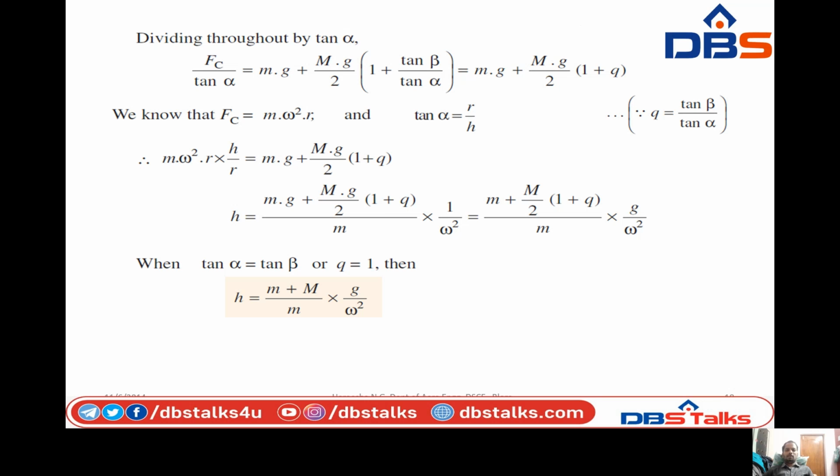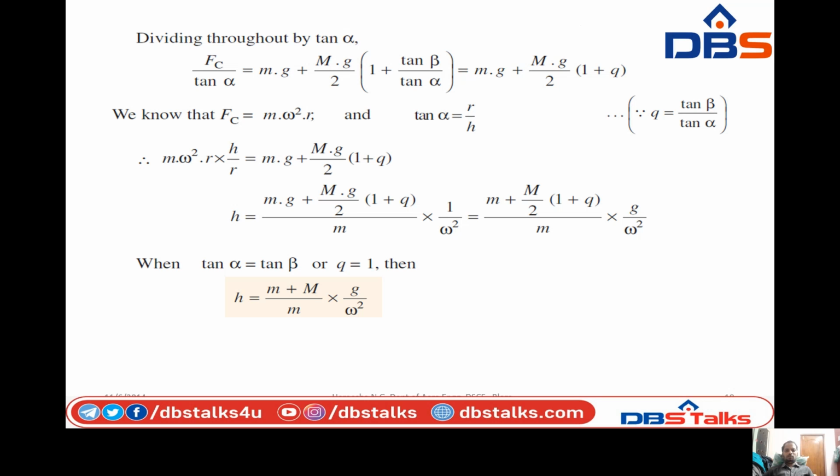We know that tan beta by tan alpha is Q. So substitute that, and Fc as m omega square R. Substituting both terms, we get m omega square R into tan alpha, that is also known, that is R by H. We just reciprocal it, that is H by R equal to mg plus capital Mg by 2 into 1 plus Q. So by solving this, we get the relation between H with respect to omega.